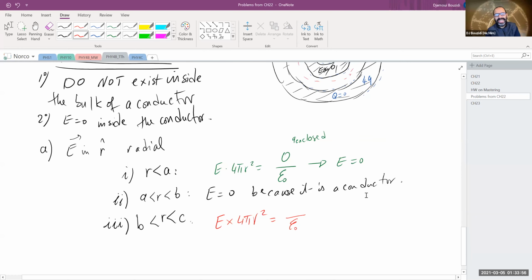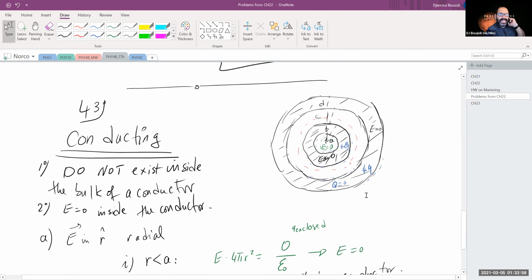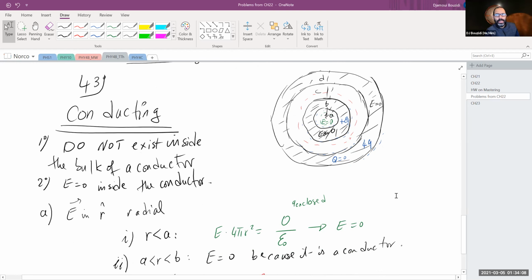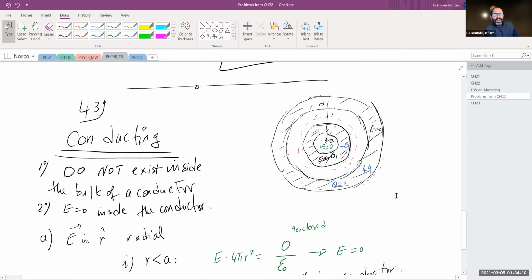How much charge is enclosed inside the red sphere? Can you look at how much charge we have enclosed inside the red sphere?